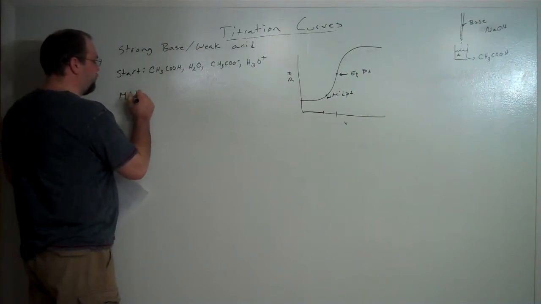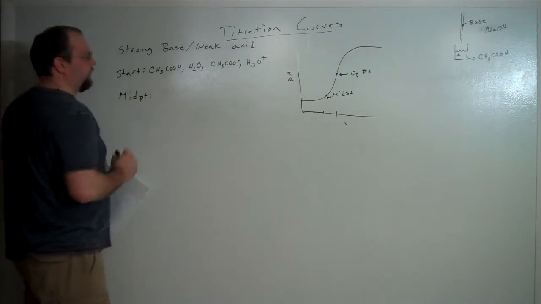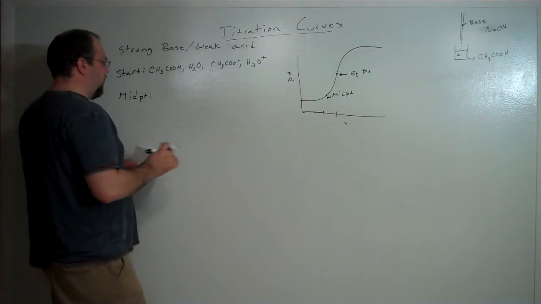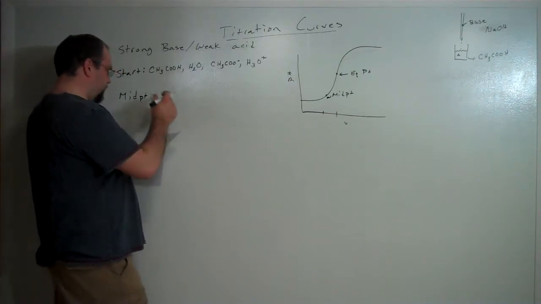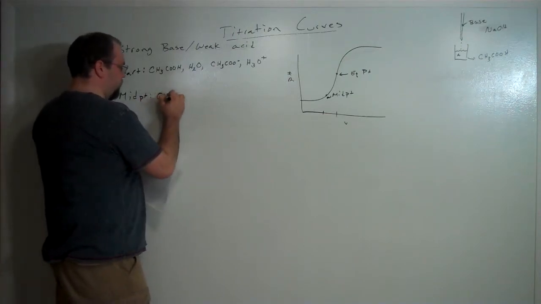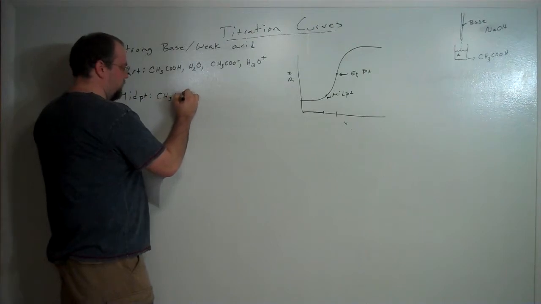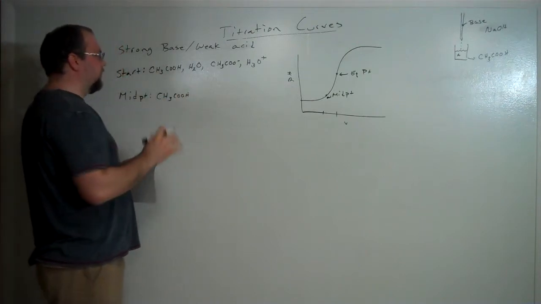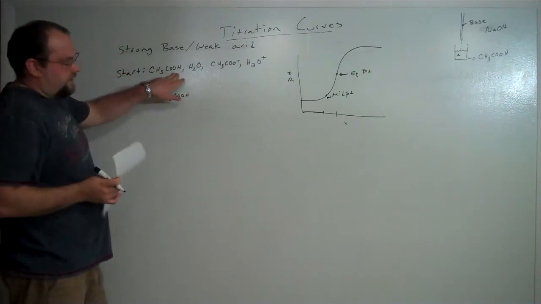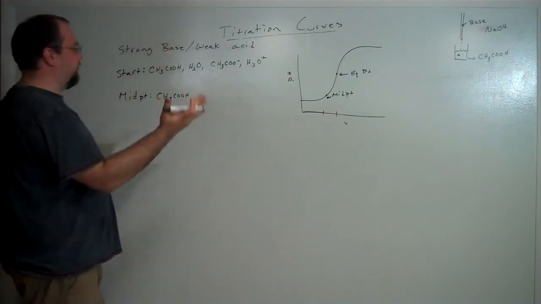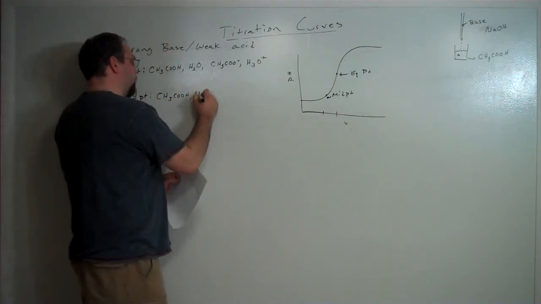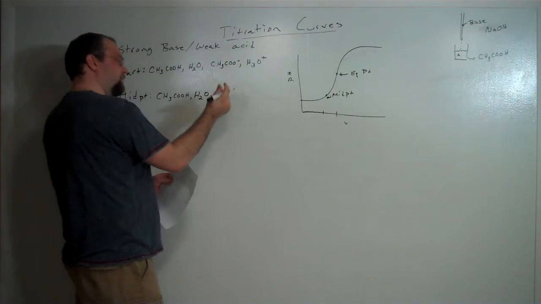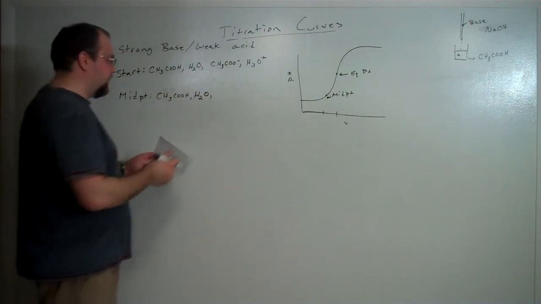So let's start adding some base in there. I'm going to have CH3COOH. I'm still going to have some acid present because I haven't added all the base. I still have my water. Once again, should have listed that first, but I didn't.